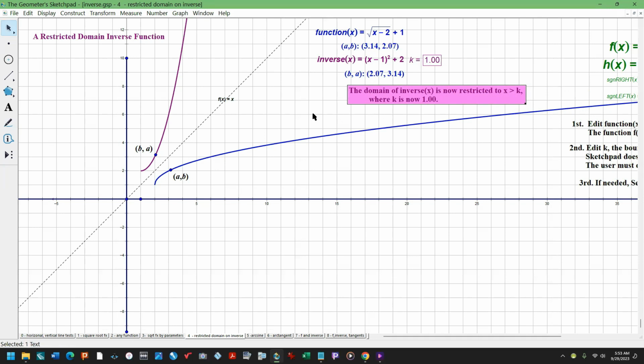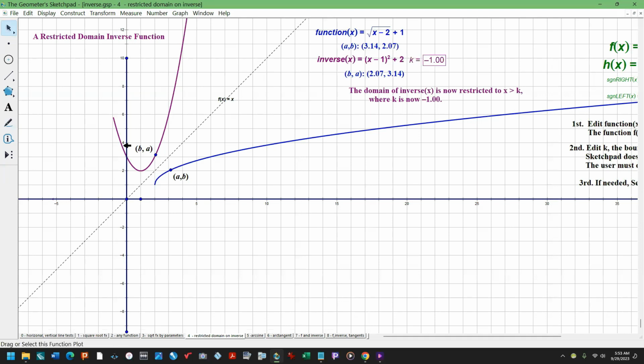So let's see something that will not work. Let's make k equal to, we could put in -1. So what we should be getting is that parabola, but with too much domain.